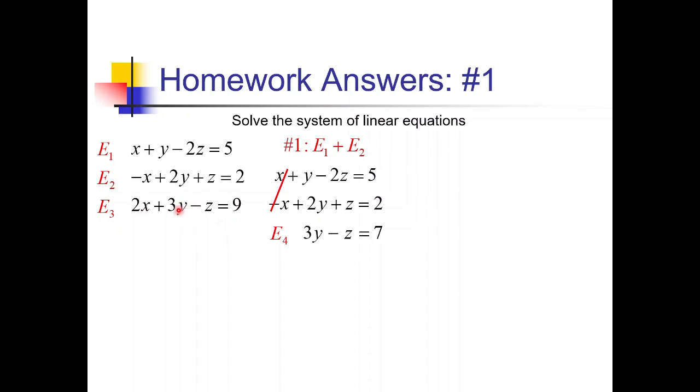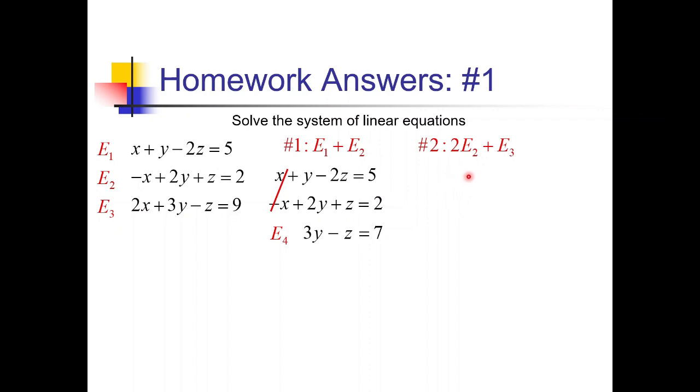There's a lot of options I have here. If I wanted to, I could multiply e1 by negative 2, and that would do the job. But if I just multiply e2 by positive 2, that'll give me a negative 2x, and that will also suffice. So I'm going to do the second of those things. I'm going to multiply e2 by 2, and then add that to e3.